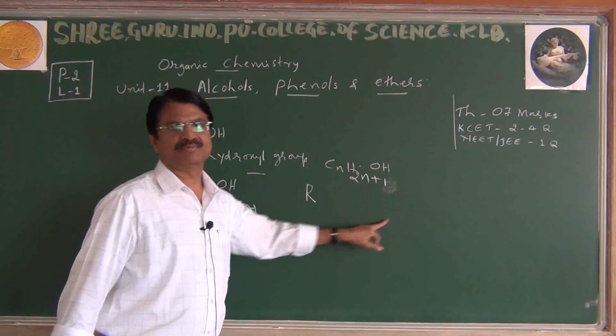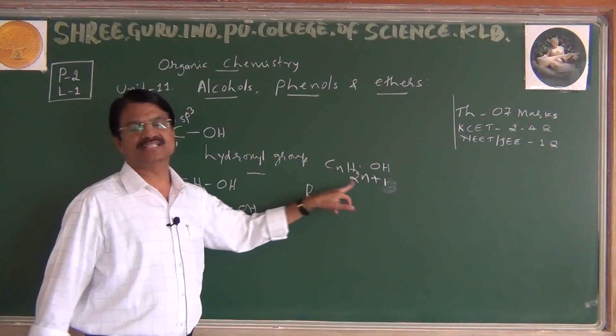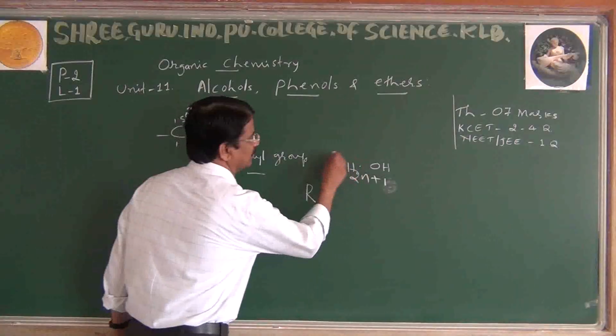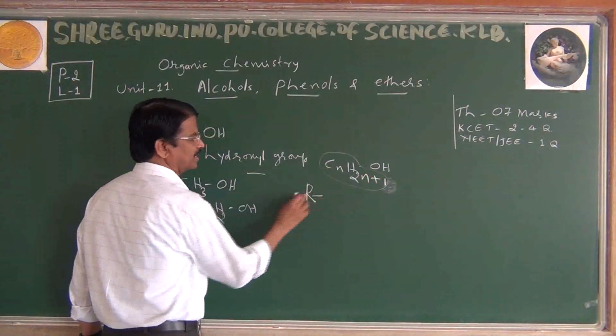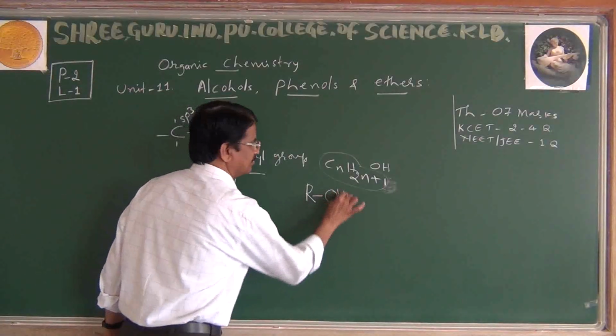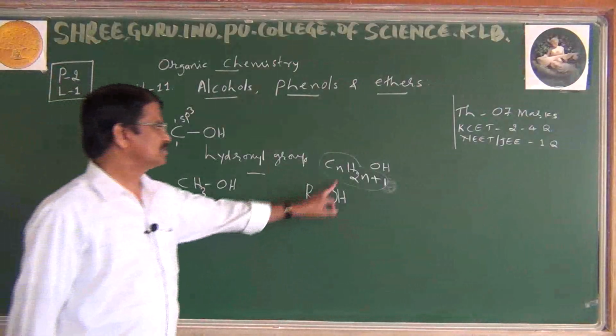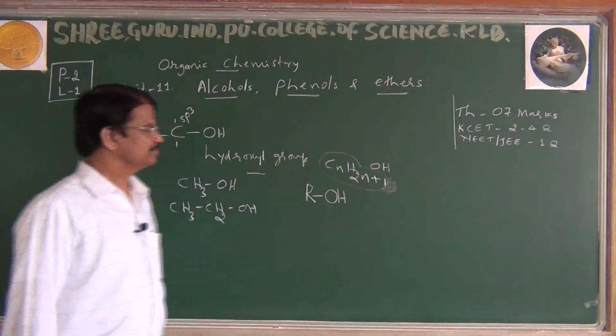Hence the general formula of alcohol is CnH2n+1OH. Or we can write this as an alkyl group, so the general formula of alcohols is ROH or CnH2n+1OH.